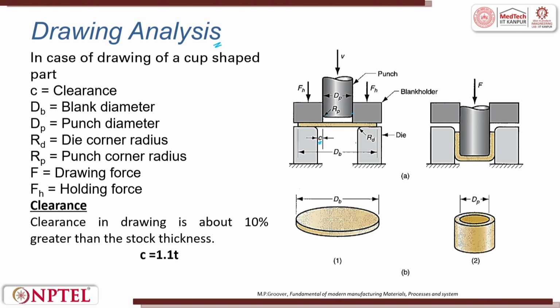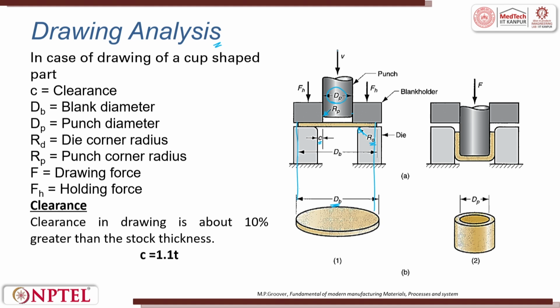C is the clearance, and the blank diameter is dB. The punch diameter is called dP. The die corner radius is called RD. The punch corner radius is called RP.